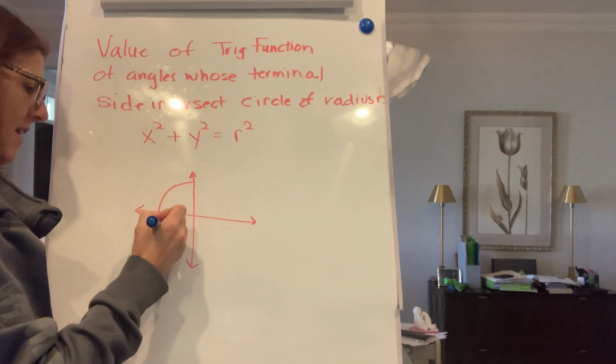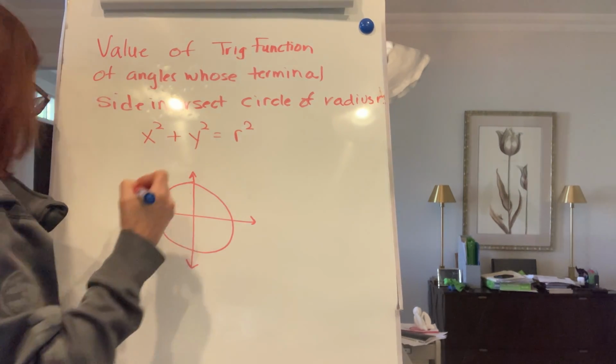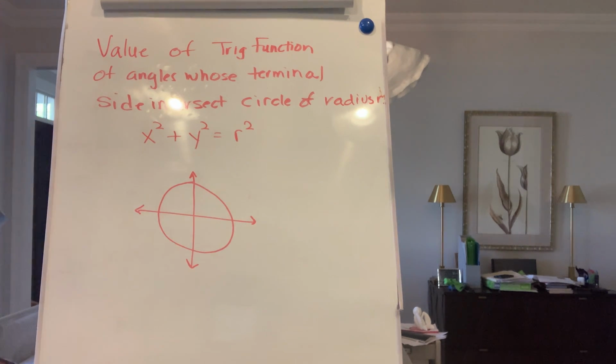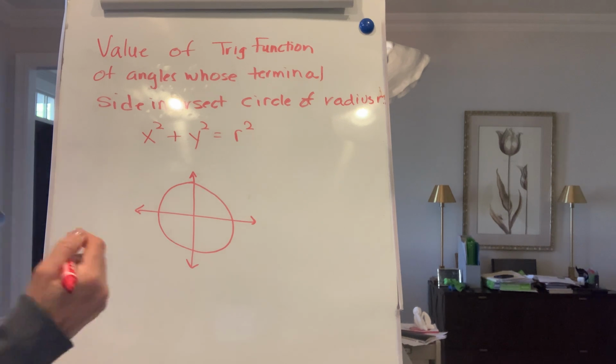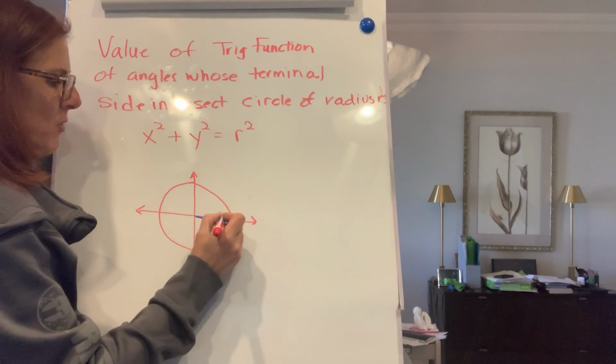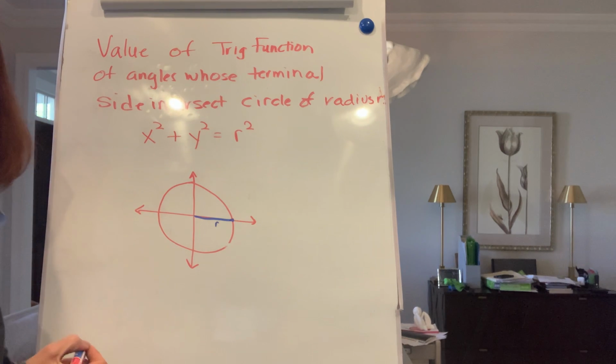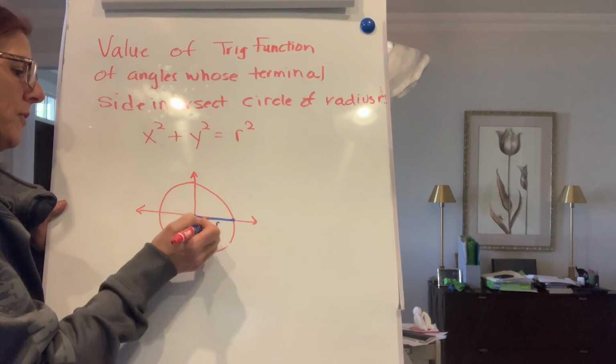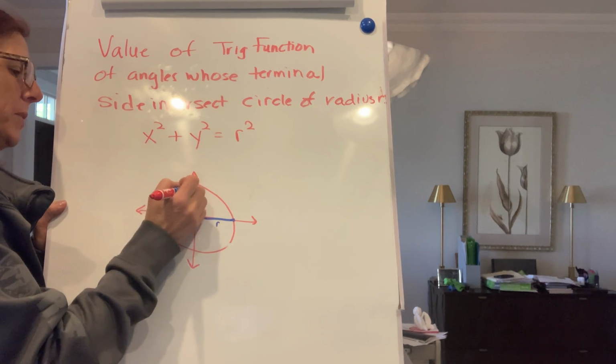All right, so say I have my circle right here. Each one of these lines along the x-axis, or on the y-axis where it intersects the circle, these are all radii, right? From here to here would be a radius, but any point from the center out would also be a radius.